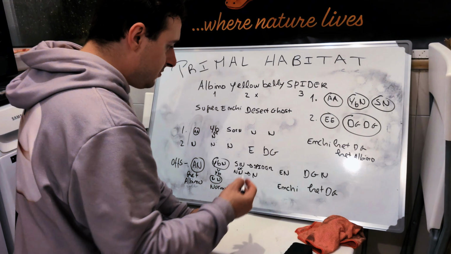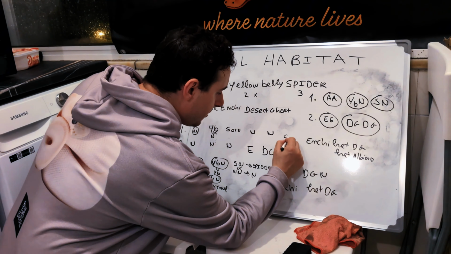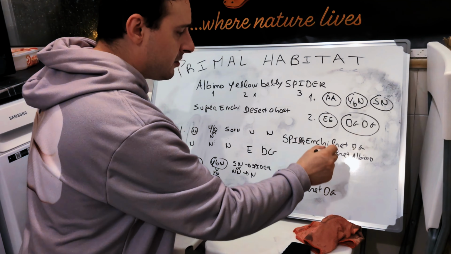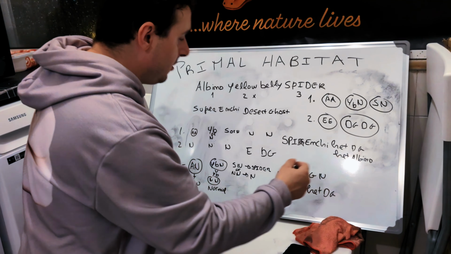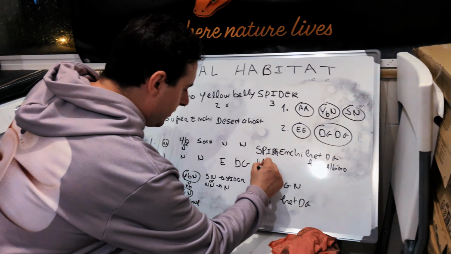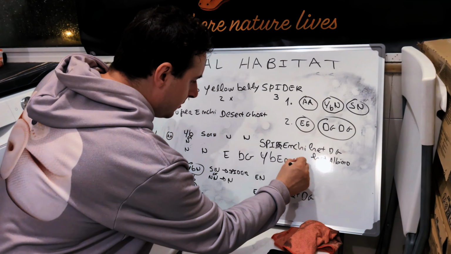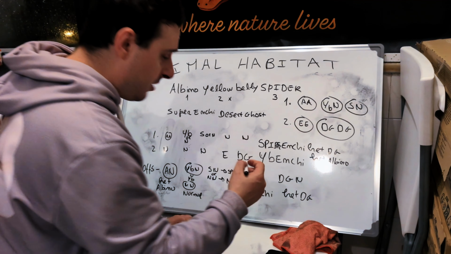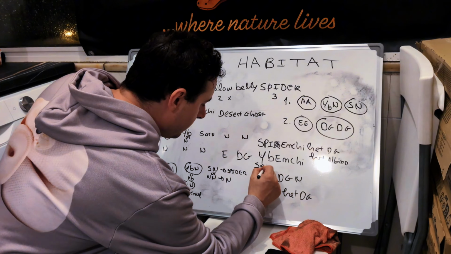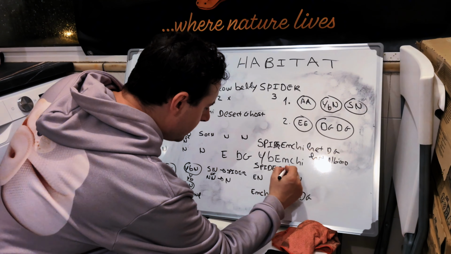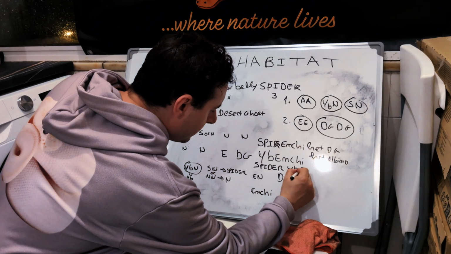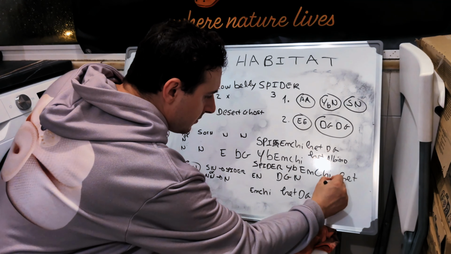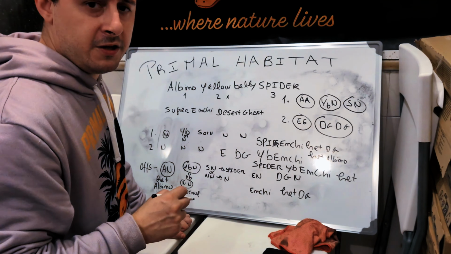But sometimes they could be spider, Enchi, het desert ghost, het albino. Other times they could be yellow belly, Enchi, het desert ghost, het albino. And other times they could be spider, yellow belly, Enchi, het desert ghost, het albino.